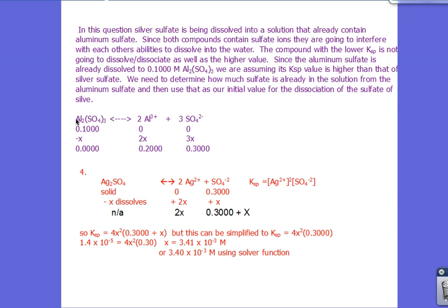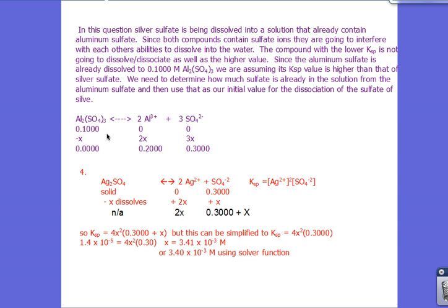So I went ahead and right here I was like, well, the aluminum sulfate is 0.1 molar. The aluminum sulfate is dissolved, so there's none of it left. So I can tell the value for X is 0.1. There's 2 aluminum, so it's 2 times X, which is 0.2 for aluminum, and 0.3 for sulfate. You don't have to show this little piece of work here.